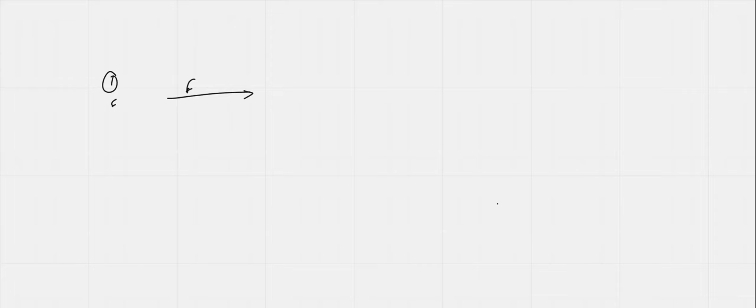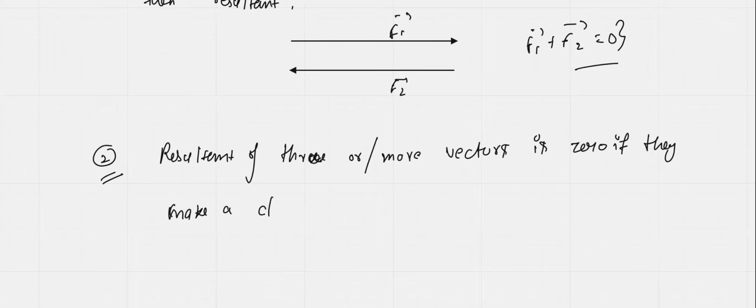Another thing: the resultant of three or more vectors is zero if they make a closed cycle, just like this.